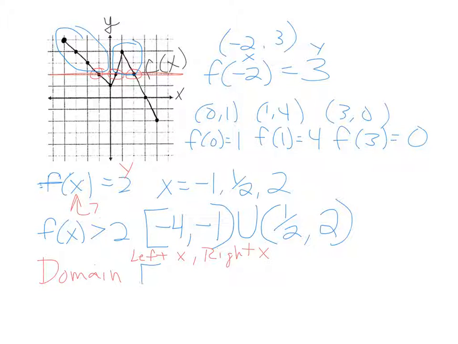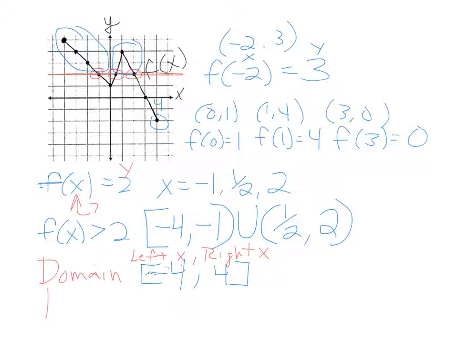And it's solid there, so we'll put a bracket. The farthest right this graph goes is when x is +4. Right here. And so it's solid there, so that also requires a bracket.